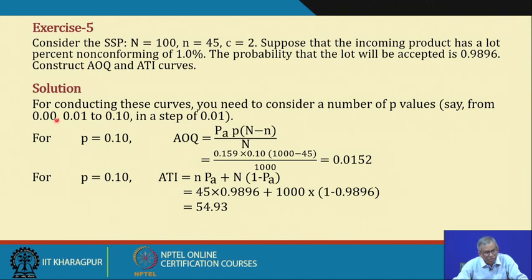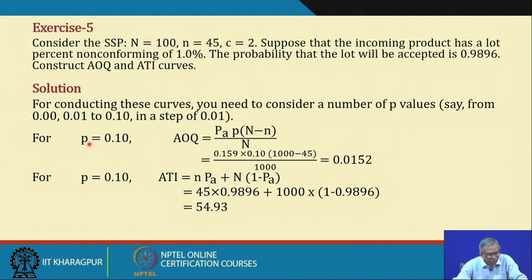If it is 0.00, obviously the probability of acceptance will be 1, right? So you can check it, and then you consider 10 values in steps of 0.01. That means the first value will be 0.01, the second value 0.02, the third value 0.03, and so on.